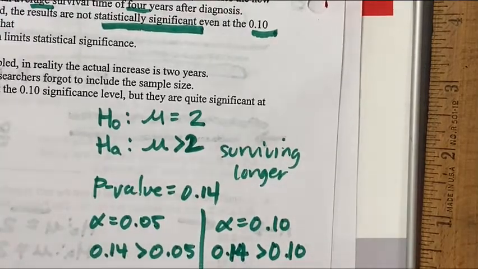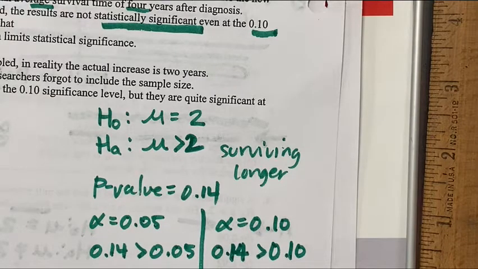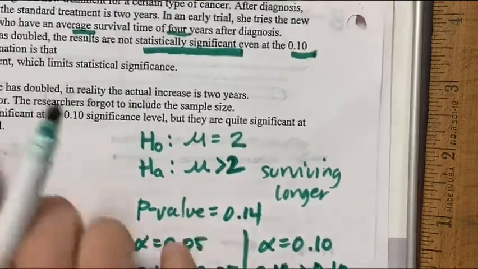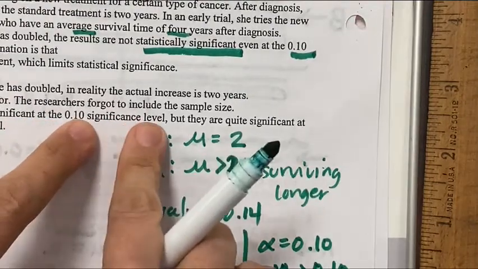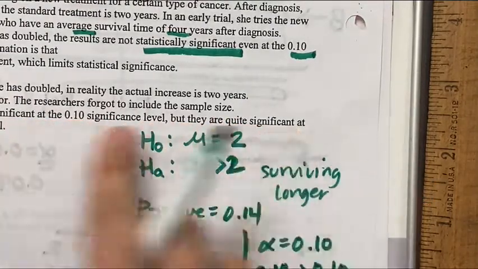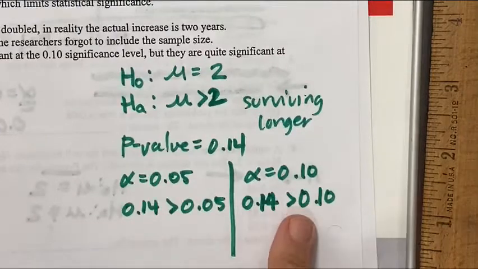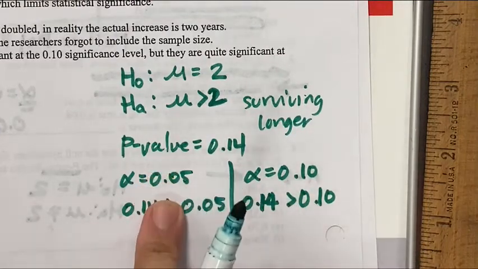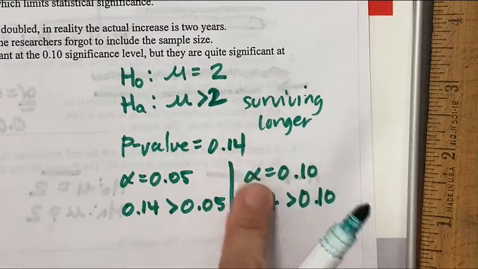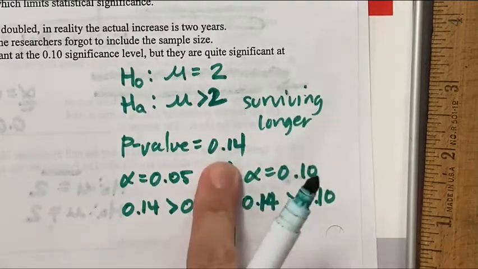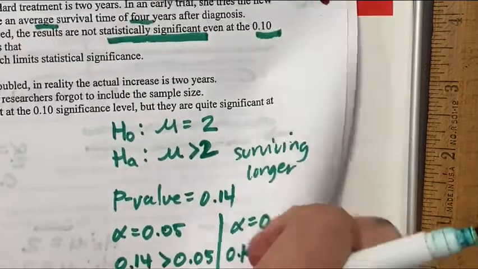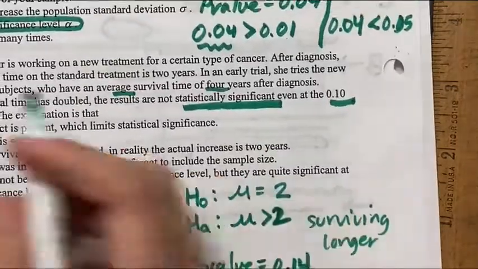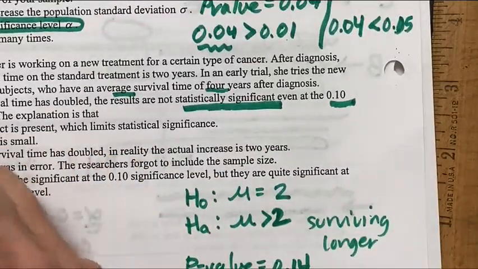So this one, the results may not be significant at the 10% level, but they are quite significant at the 5%. That would never happen. If they fail to meet it at the 10% level, they will continue to fail because it means that the p-value is just more probable. That's a more probable outcome. So why would you get a probable outcome? The answer here is C.